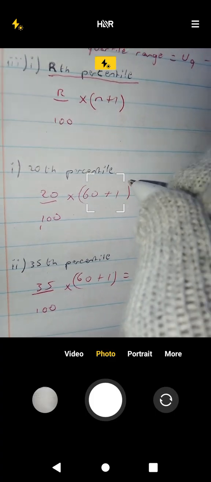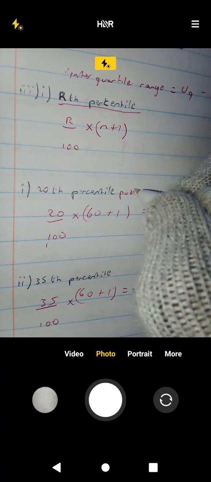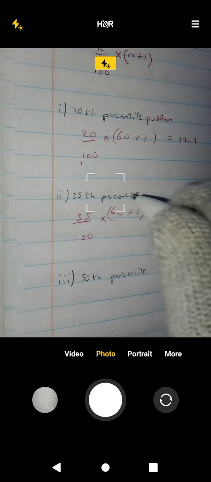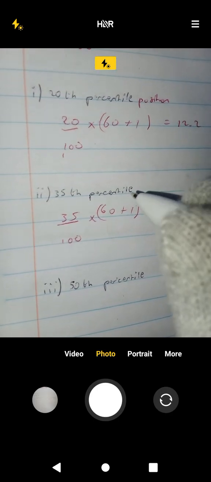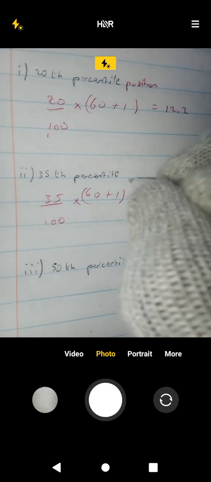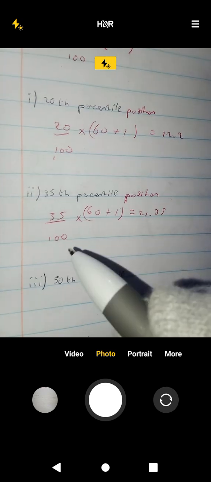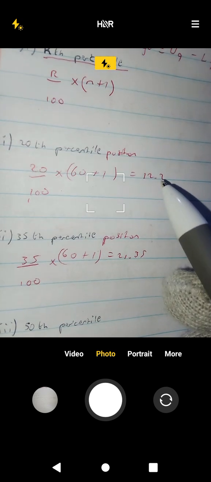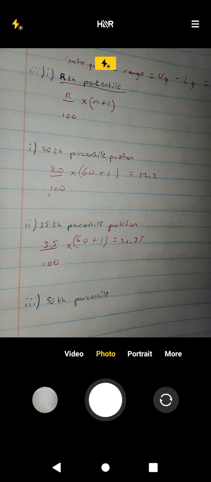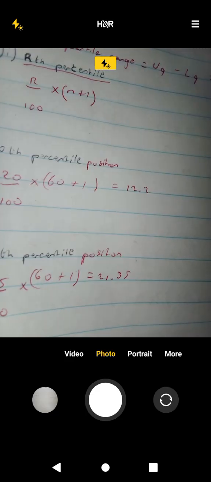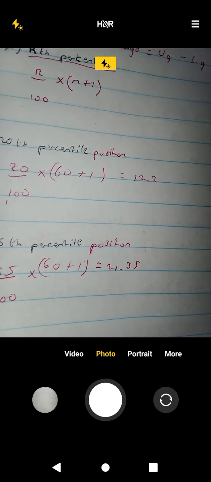So let's now go to our cumulative frequency diagram and plot and find, because this is the 20th percentile position, and then this is the 35th percentile position. So this is the 20th percentile position, so it's 12.2. And then we go to our cumulative frequency diagram. So you realize the importance of the cumulative frequency diagram.